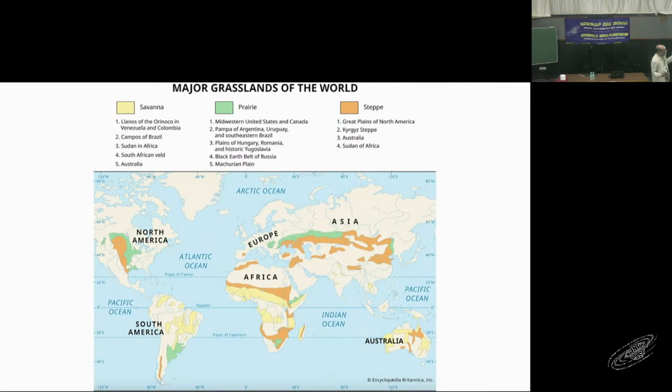And if you looked at a map of where the major savannas of the world were, you would see something like this. Africa, parts of Asia, Northern Asia, grasslands in the prairies of North America, the pampas of South America, and so on. So this is what we've learned as part of our school geography.